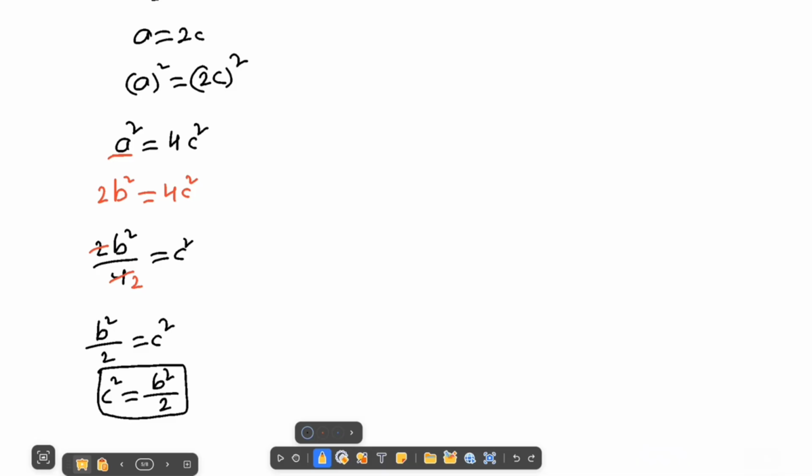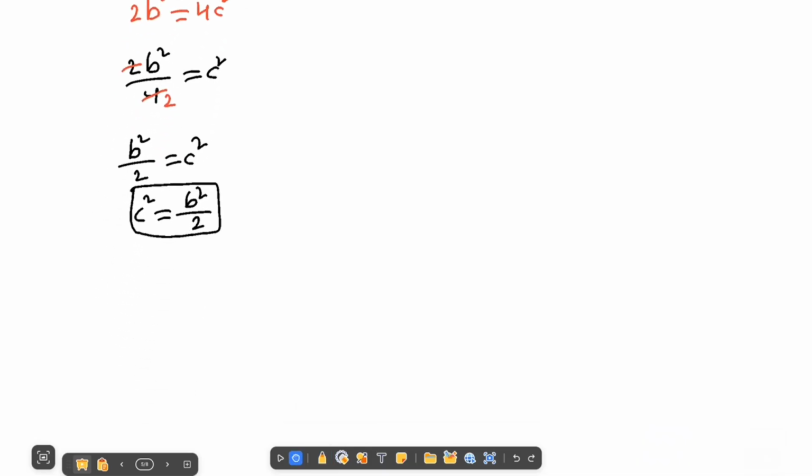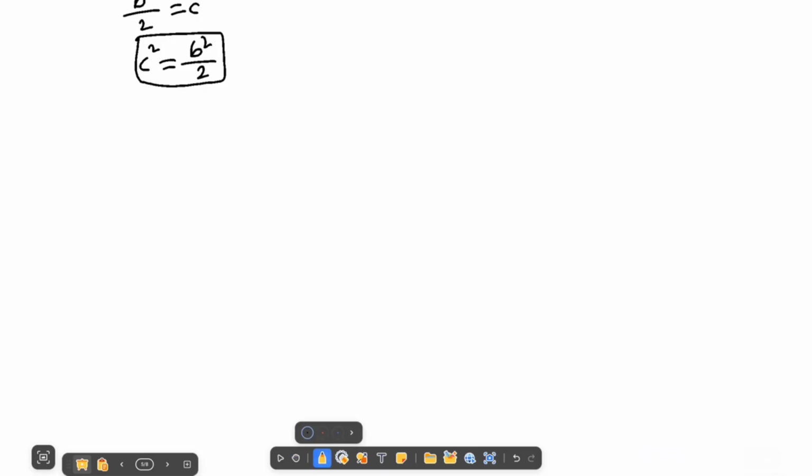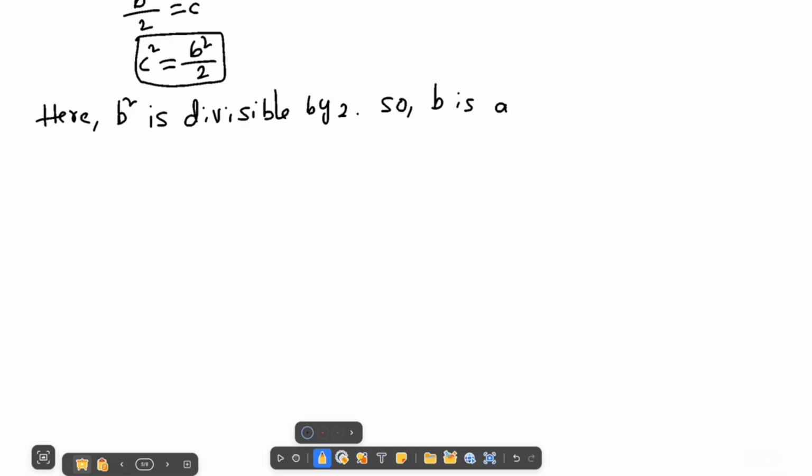That means b square is divisible by 2. So when b square is divisible by 2, b is also divisible by 2.